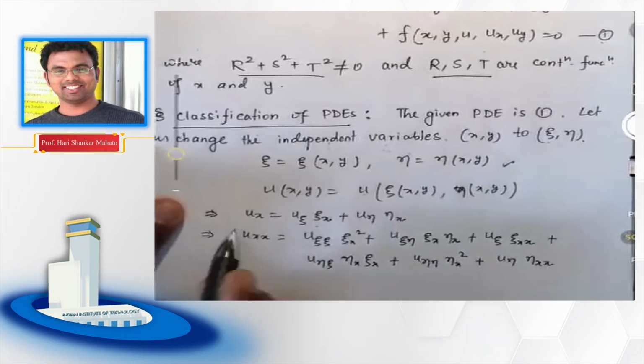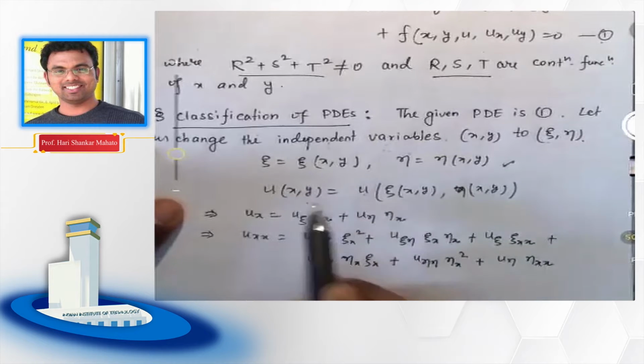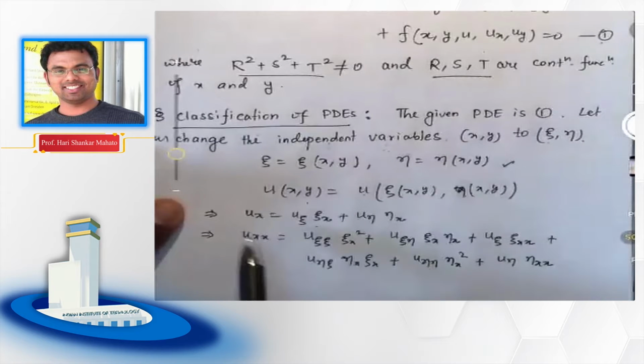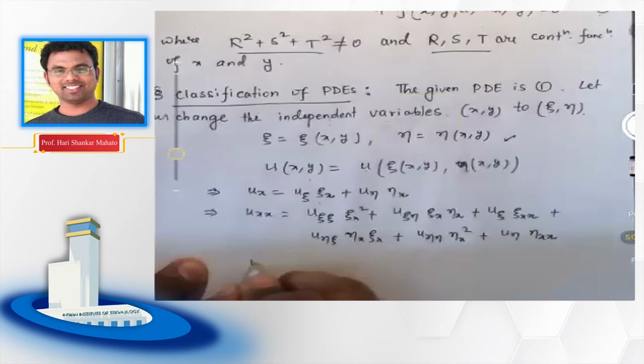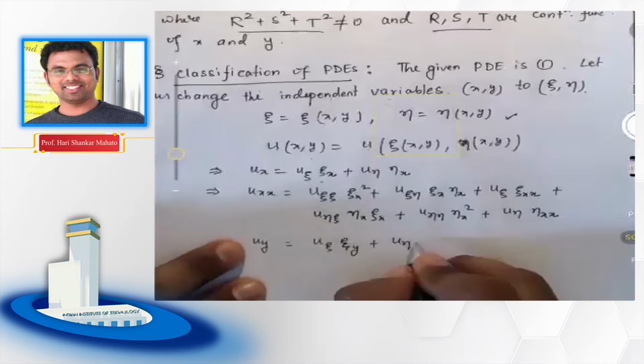You see, the minute you converted this u from a function of x and y to a function of xi and eta, where xi and eta are separately functions of x and y, then this uxx is now giving you 6 terms actually, right? Similarly, we can calculate uy. Uy can be u xi, then xi y plus u eta, eta y.